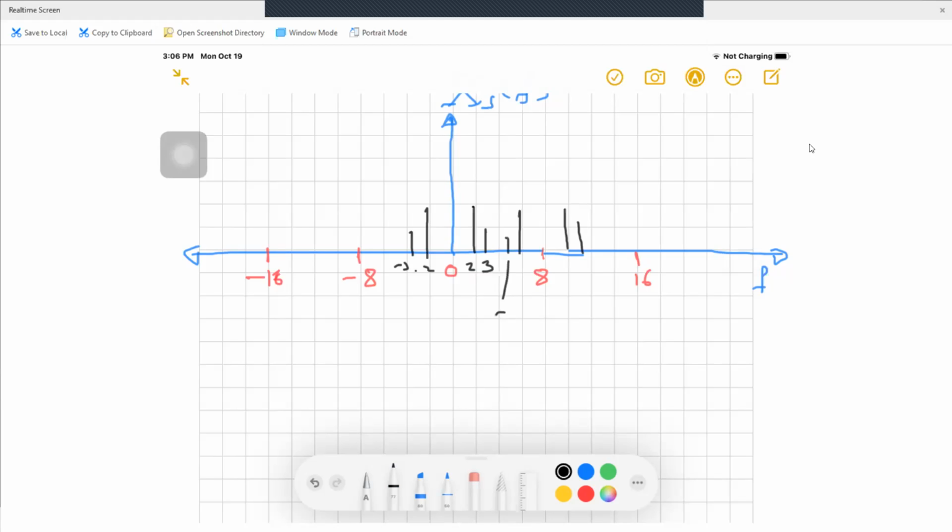So this one is 5 and this one is 6, and here we have 10 and this one will be 11.